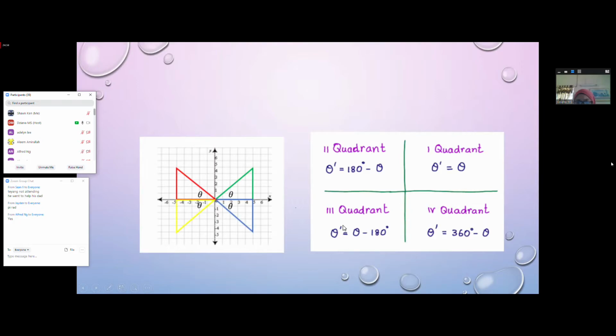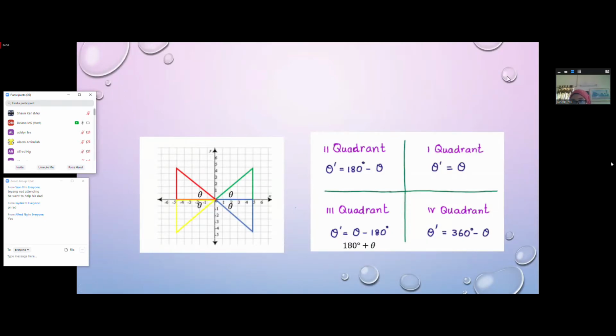For the third quadrant, some of the books write the angle minus 180, but I think it's better for you to write 180 plus the reference angle. And the fourth quadrant, 360 minus the reference angle.